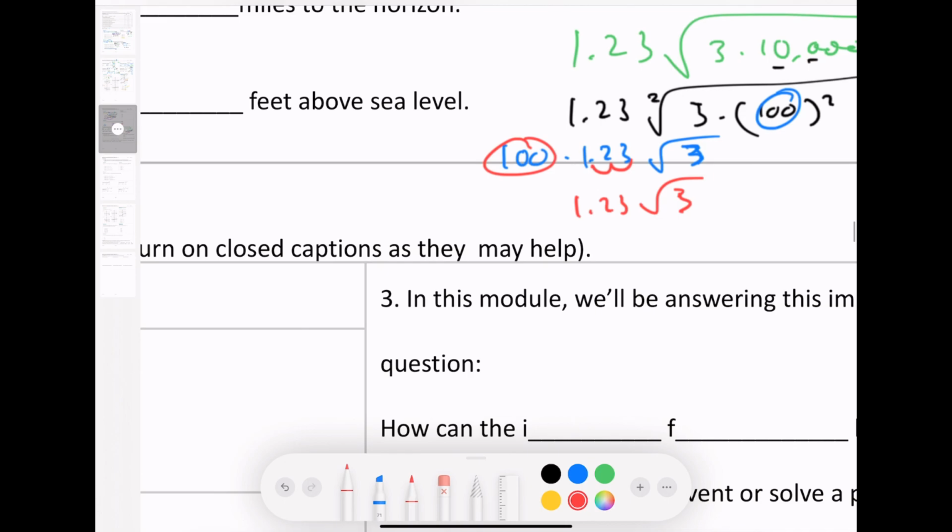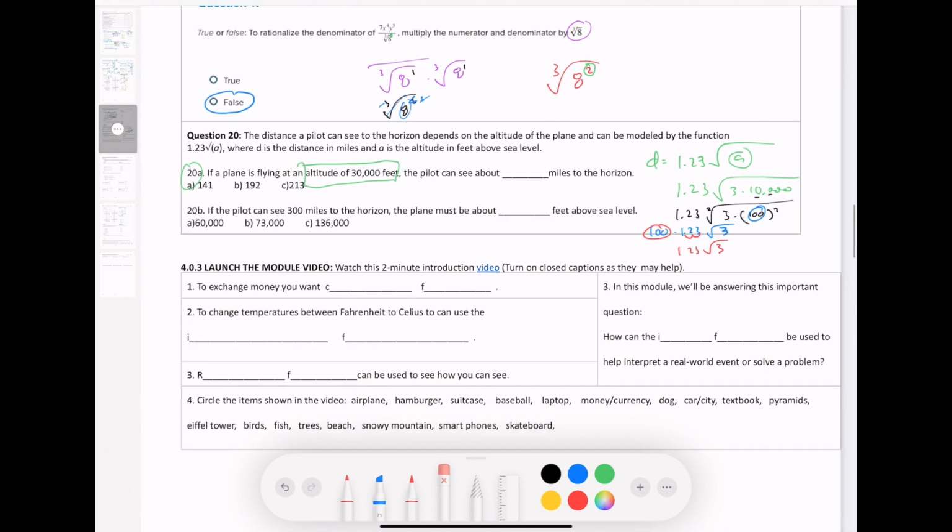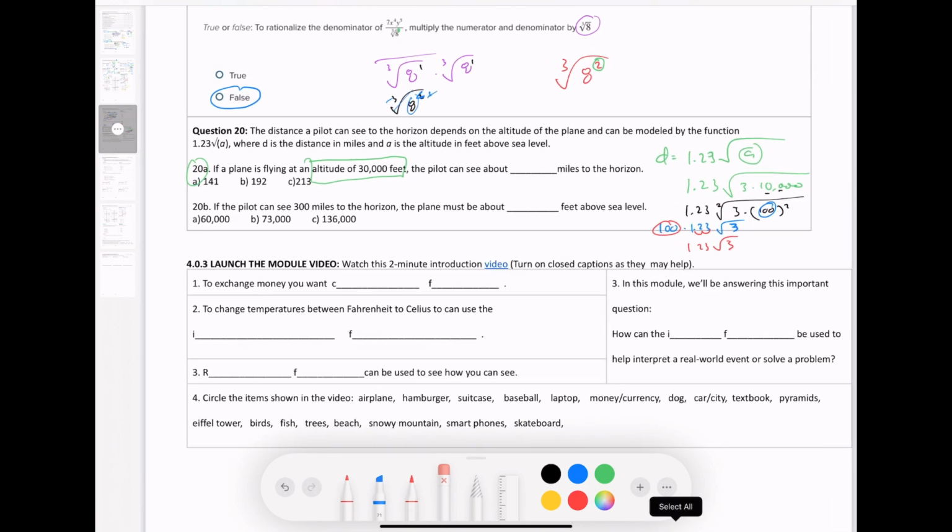So you should have 123 times like 2. I'm going to guess 240, 213. So 123 times, yep, 213. Correct answer is C.